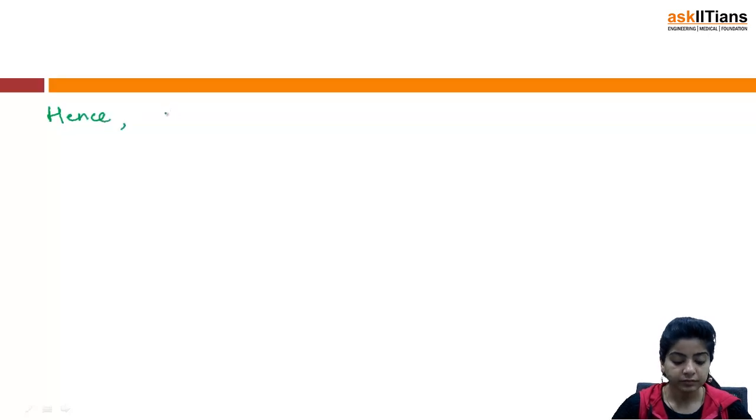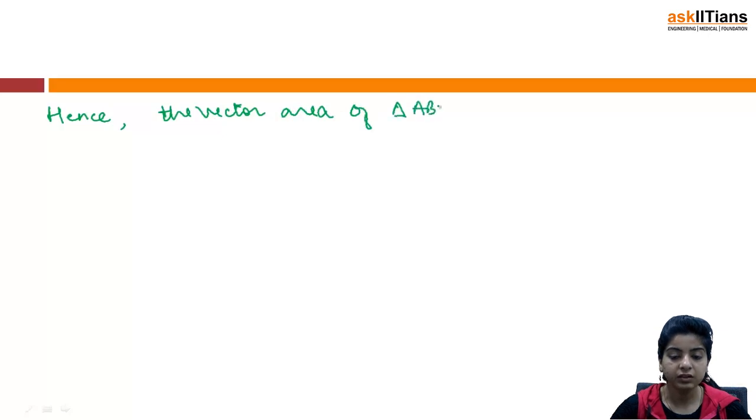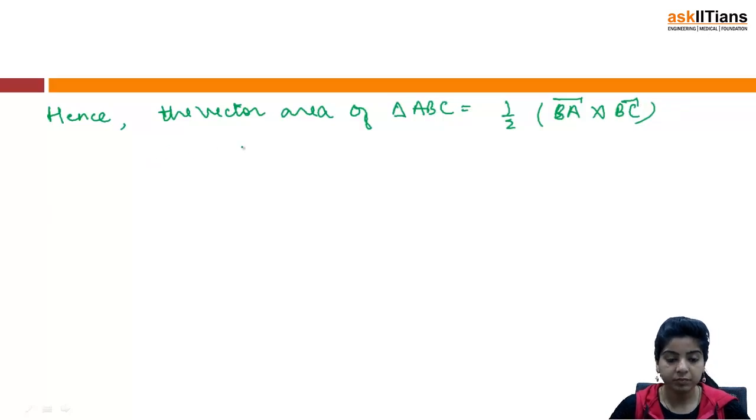Hence, the vector area, now again this concept we have just now used in properties we have studied. The vector area of triangle ABC would be equal to half BA cross BC, right? So this means that we have already found out the values of BA and BC.